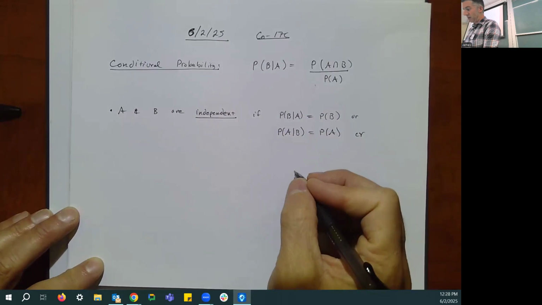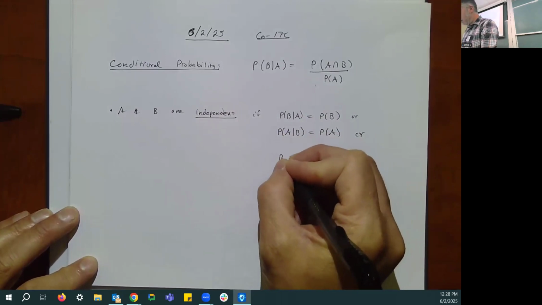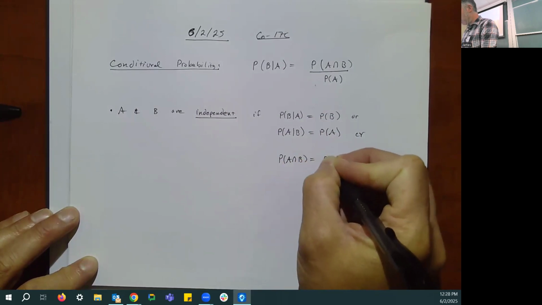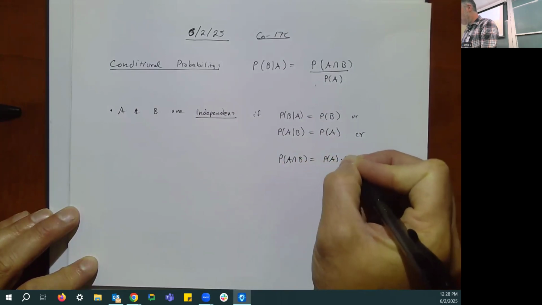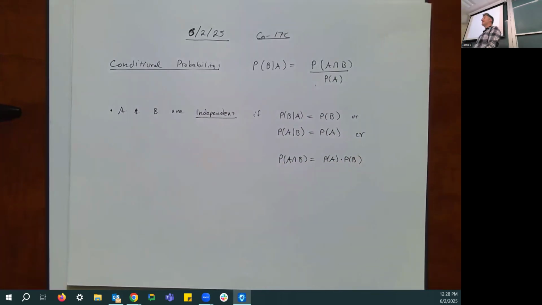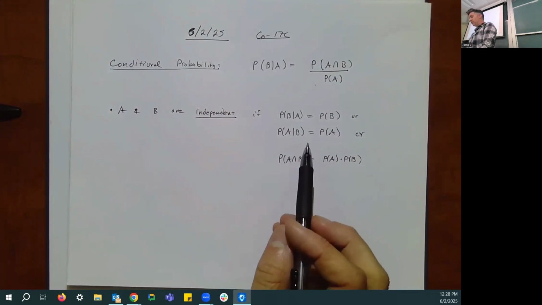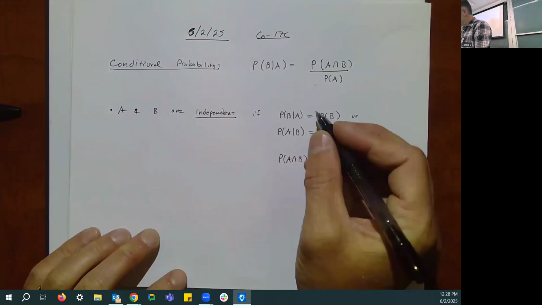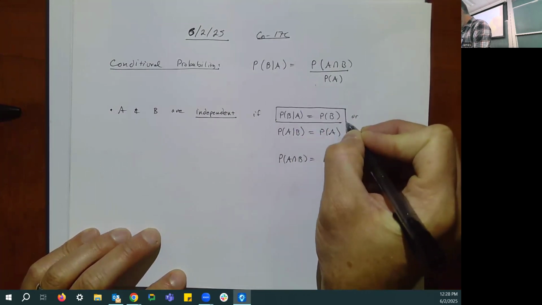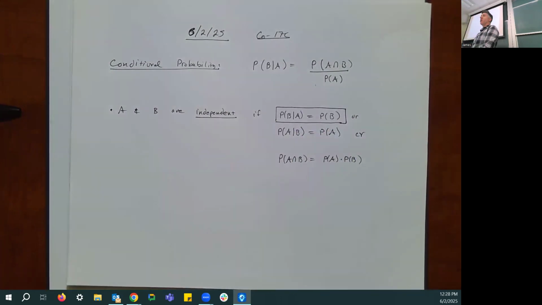Or less similarly, but still true, the probability of A intersect B is equal to the probability of A times the probability of B. These are the three ways you can test to see if two events are independent. The first one says the probability of B is unaffected by knowing whether or not A has happened.